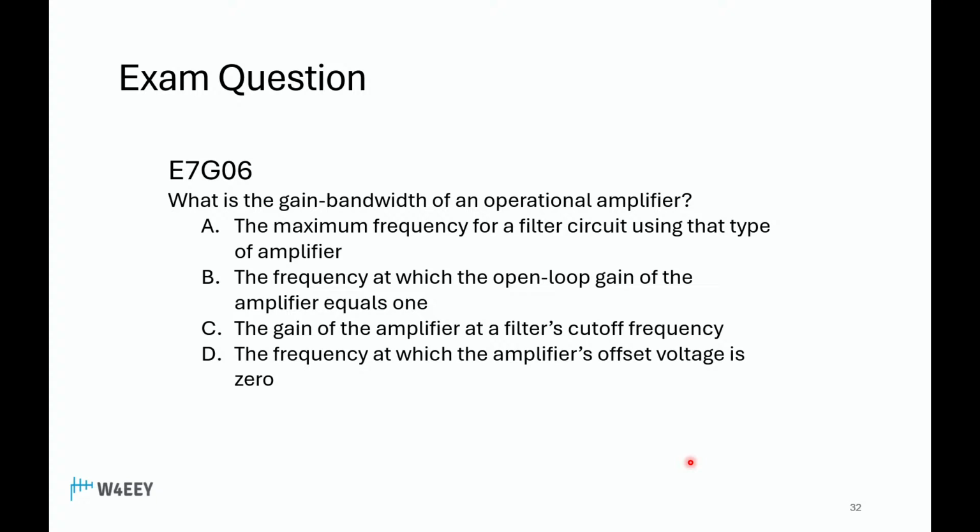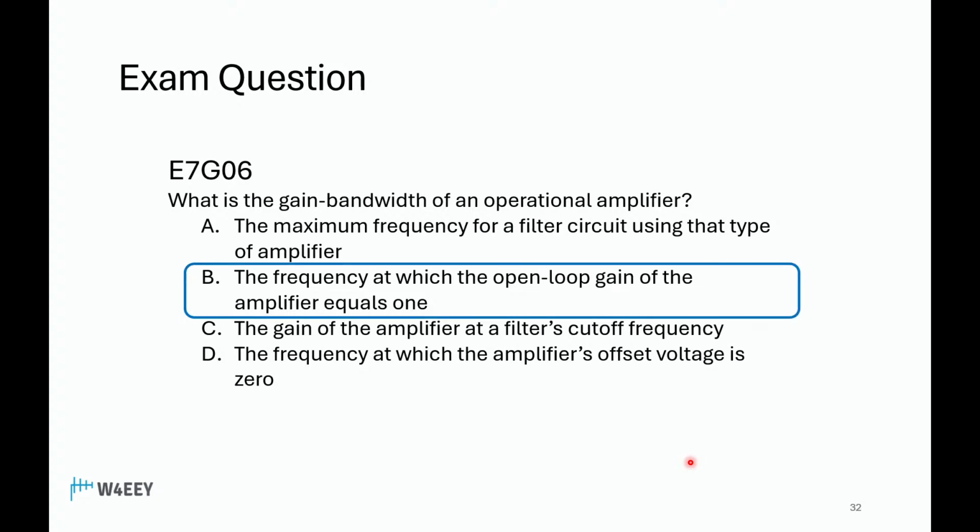Bravo. It is Bravo. The frequency at which the open loop gain of the amplifier equals 1. I was looking at D and daydreaming. So you're right. It's B.